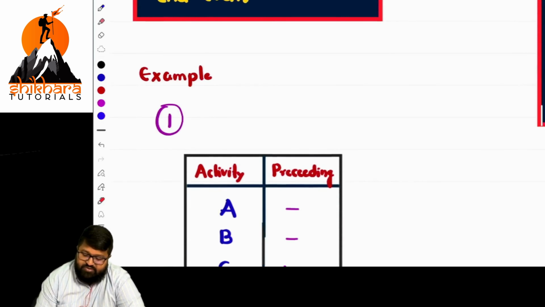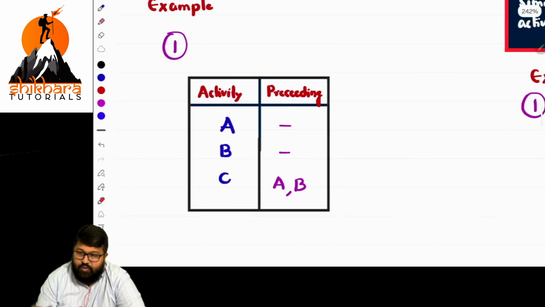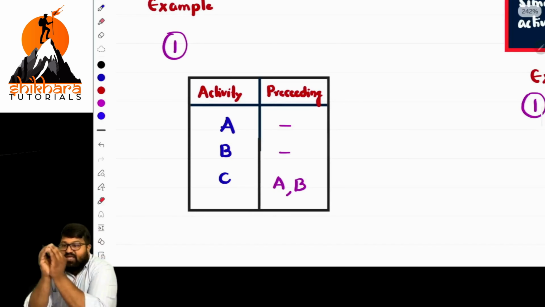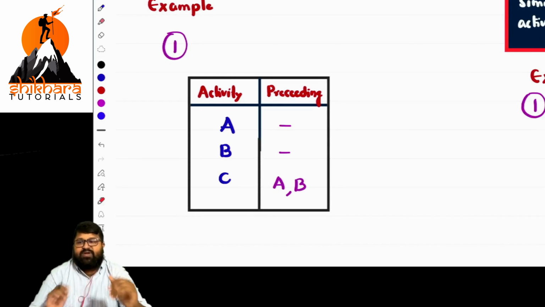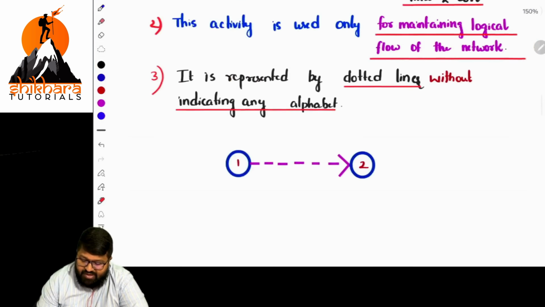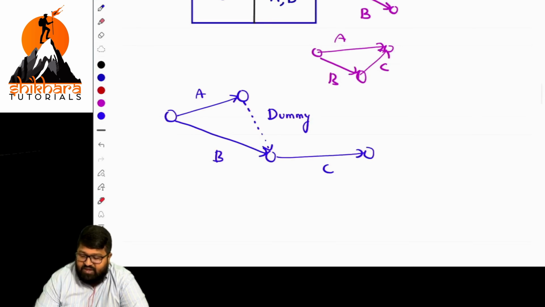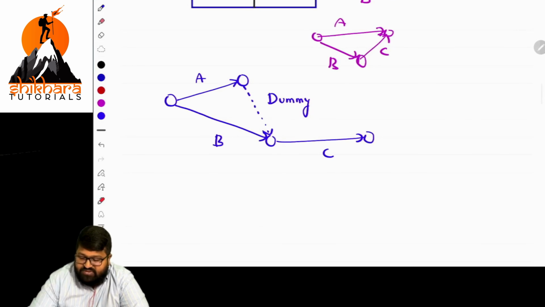Let us go with an example. This is the previous example which I discussed, and we even constructed the diagram. So what is the basic rule? Two activities having the same starting event and the same ending event. Let us see the earlier diagram we did regarding this.